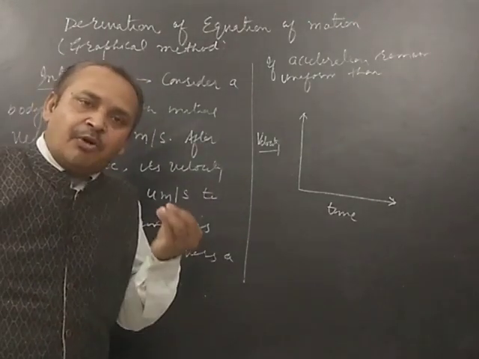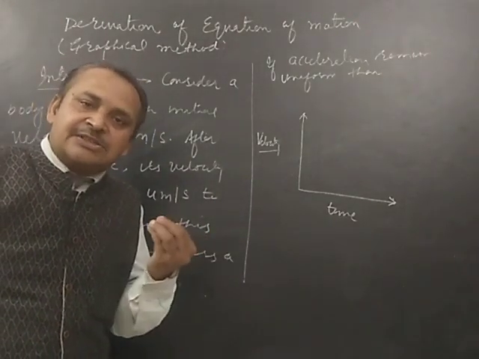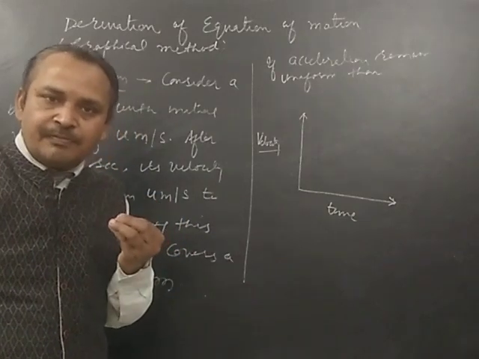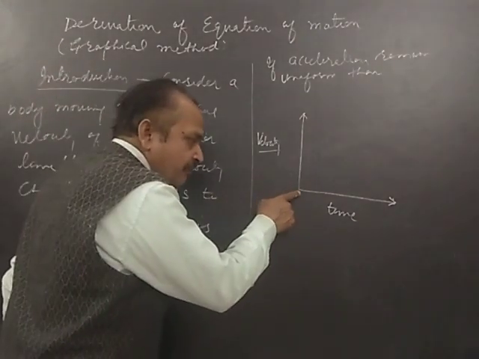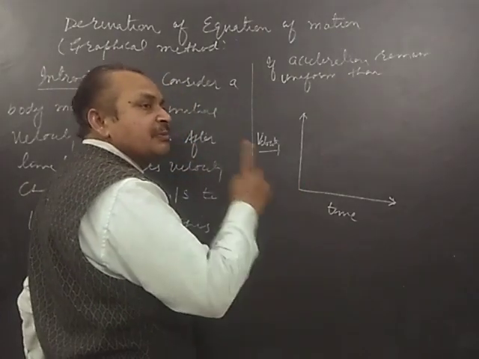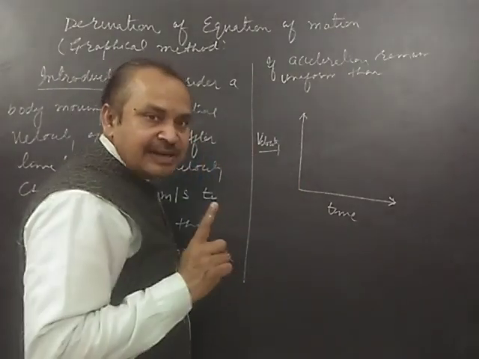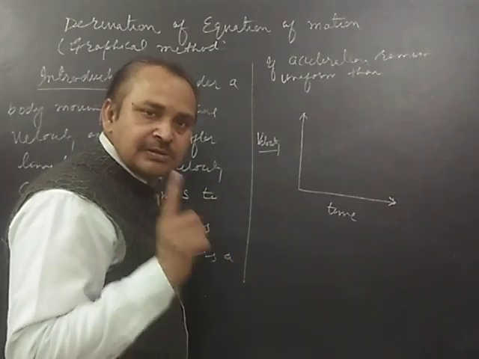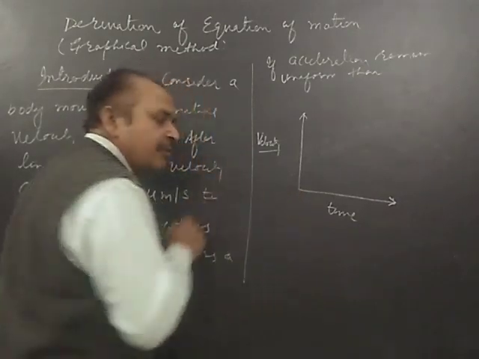Now, if a body, suppose, starts from rest, obviously it will start from here because at that time it is having no velocity, that means velocity is zero because it is at rest. The velocity is zero, so it will start from here.